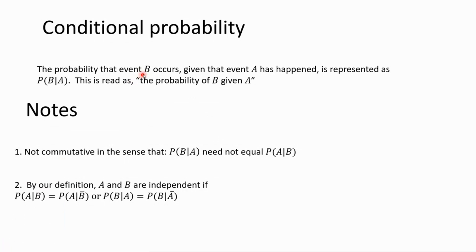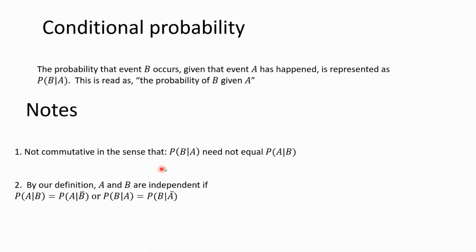If you have two events, A and B, the probability that event B occurs, given that event A has occurred, is represented by this notation: probability of B, vertical bar, A. And again, this is the probability of B given A.